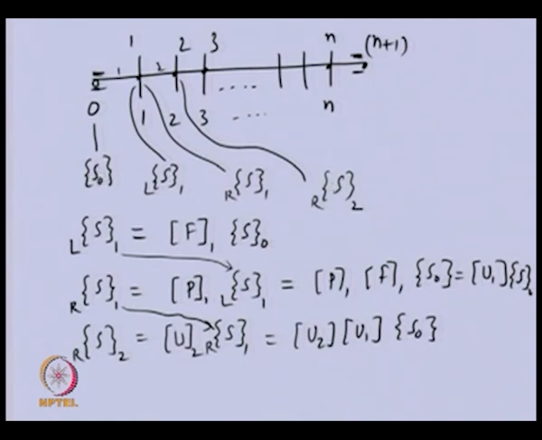So, on the same line we can say that we can relate the state vector right of disk n as U n minus 1 like this, U2 U1 S naught.